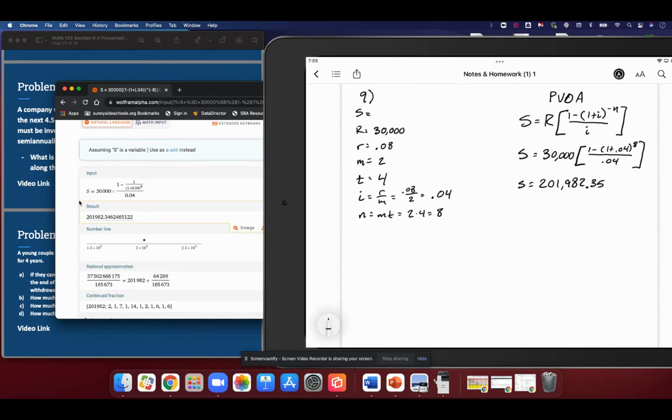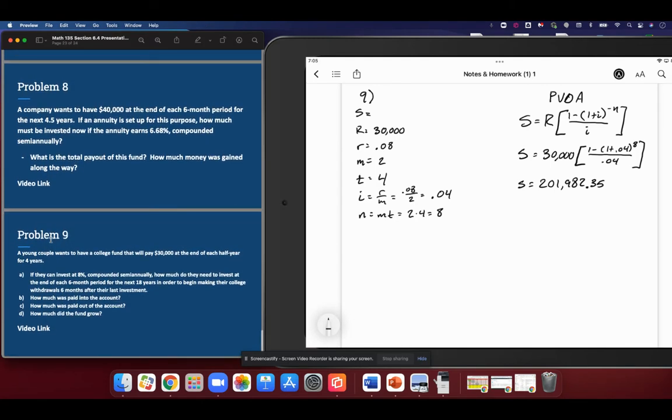So for these people to be able to take 30,000 out every 6 months for 4 years, they need to have $201,982.35 in the account. So in 18 years, the account needs to have $201,982.35.